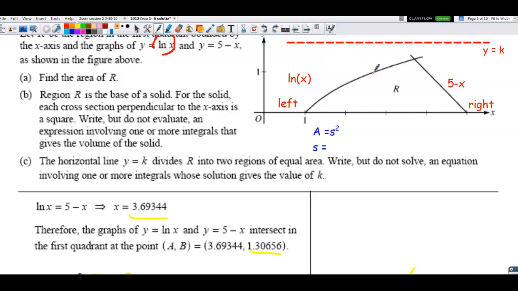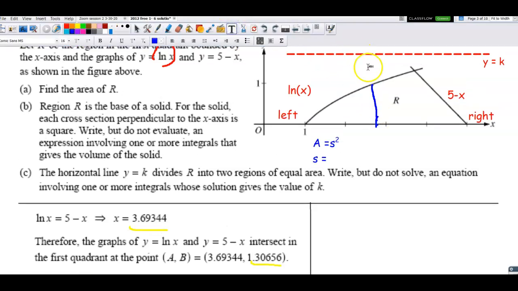However, we're going to have to be really careful because when we go across perpendicular to the x-axis, and here's one representative slice, this is the top, and down here is the bottom. So we know it's top minus bottom.